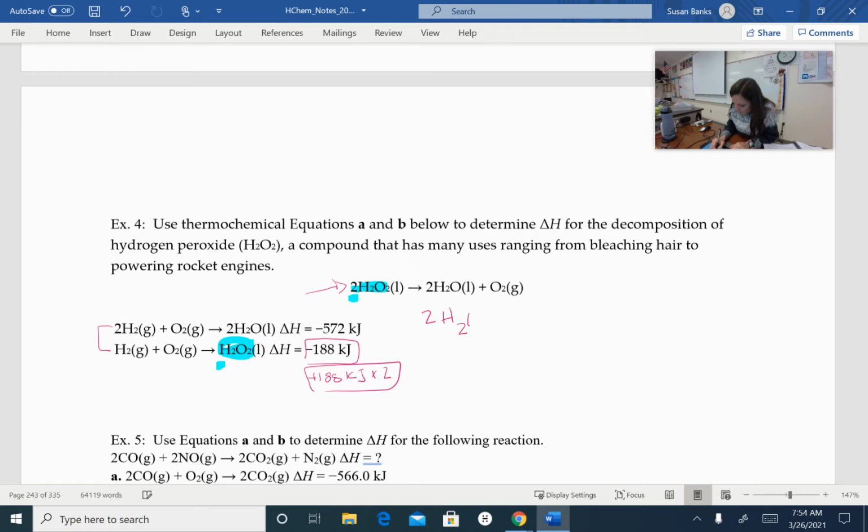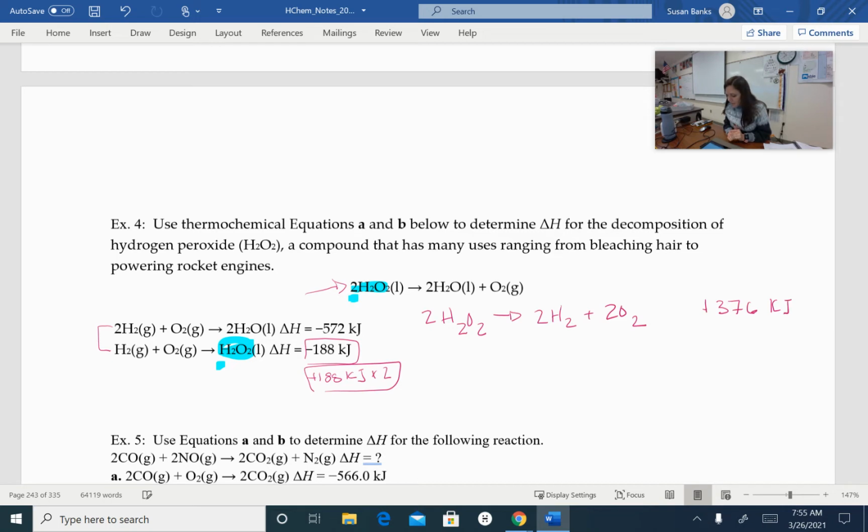I have 2 hydrogen peroxides going to give me 2 hydrogens and 2 oxygens. If I do 188 times 2, that gives me a positive 376 kilojoules for that reaction.